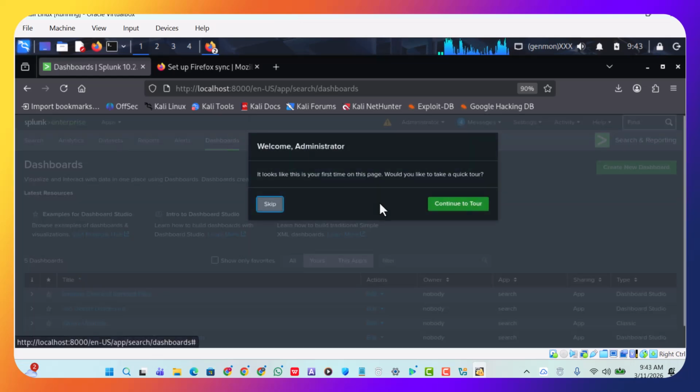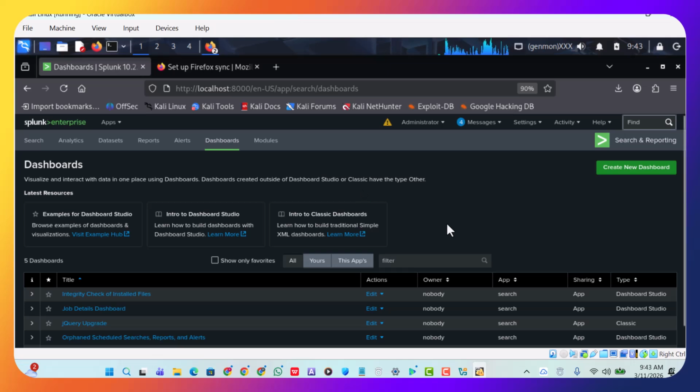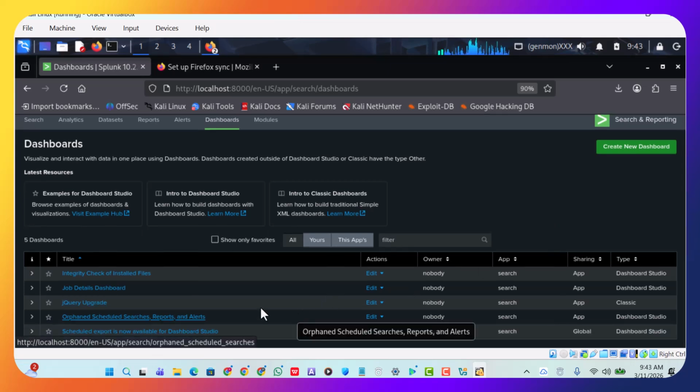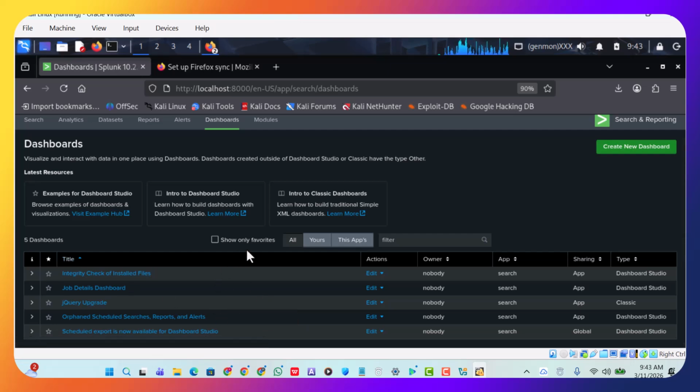This is the dashboard. Okay, I'm just taking you around it. This is my account on Splunk 10.2.